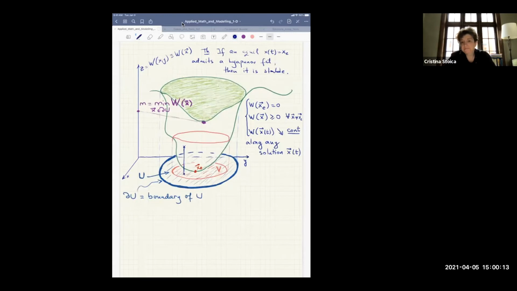And I'll show you how to apply this theorem. For the moment, I want you to follow me in a sketch of the proof, and the picture is related to this sketch.